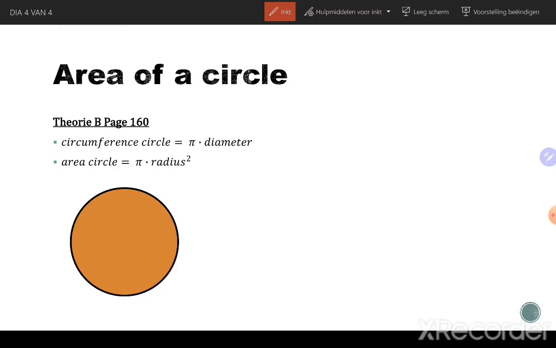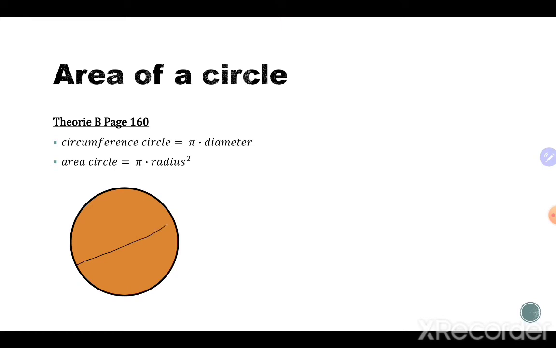Now, for example, I have an orange circle, and we're going to create a diameter here through the center with a diameter of 5 centimeters. All right. Now to calculate the circumference, we need to do pi times the diameter.